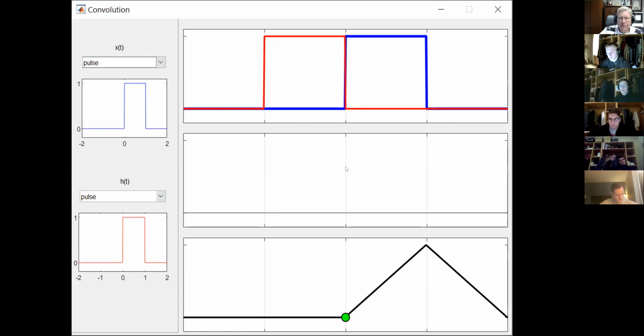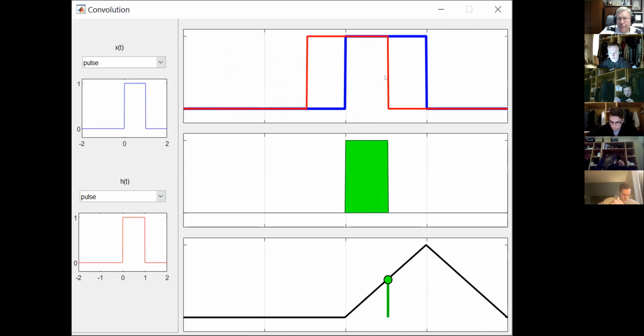Okay. Now we're going to shift our h to the right. We can shift it by any amount. I'm going to shift it by 1/2. So now we've got our h of t minus tau, which is 1/2 minus tau for this particular equation.